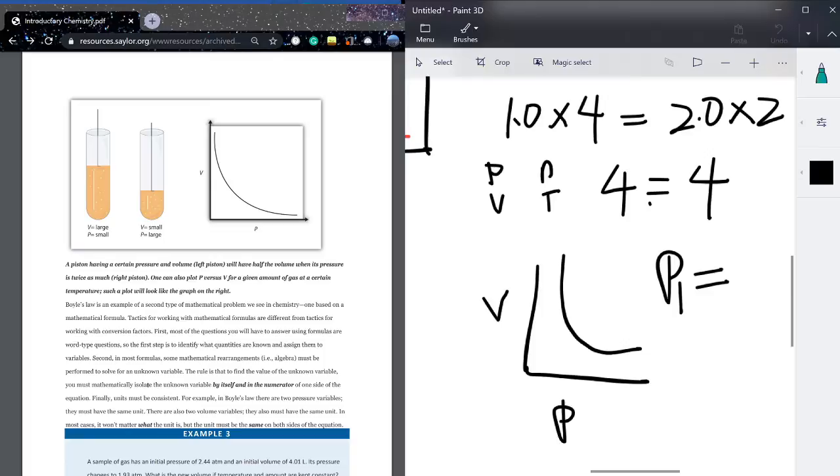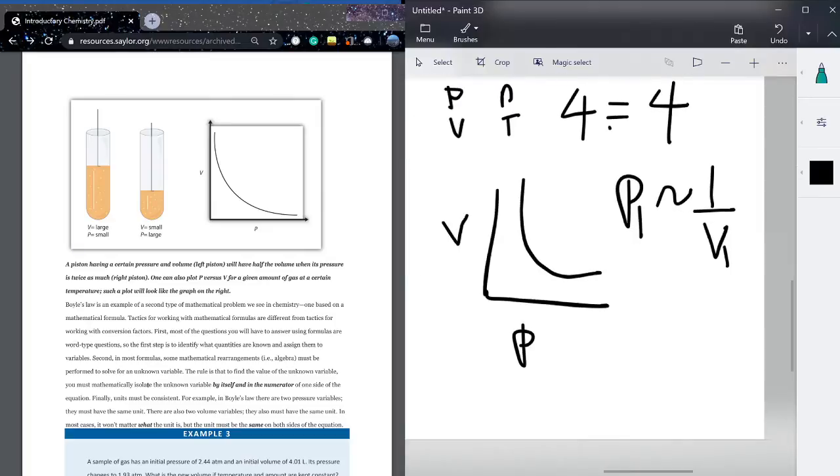P1 is proportional to 1 over V1. And what do we know about proportionality? Well, they can be related by a constant. So P1 equals K over V1, basically. And that's just what this graph is.